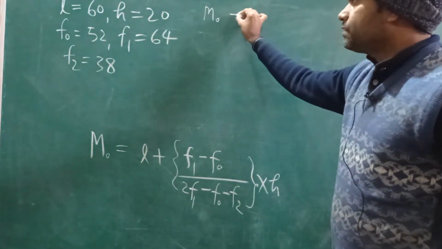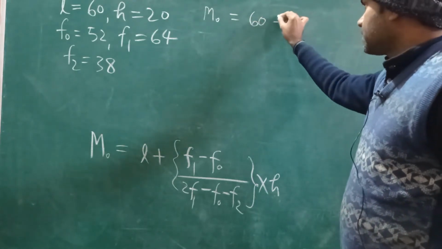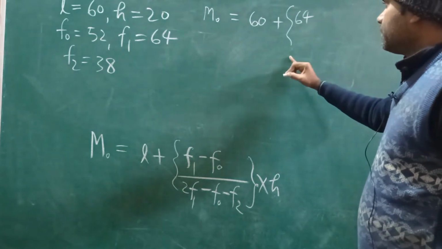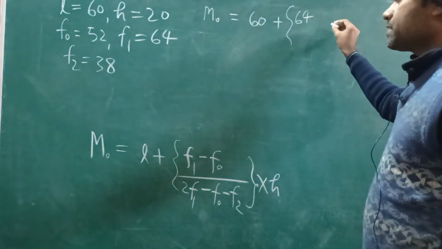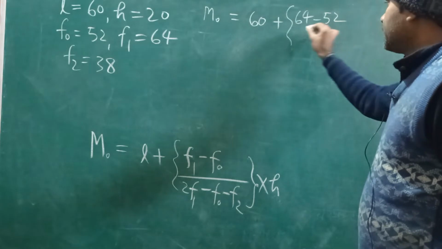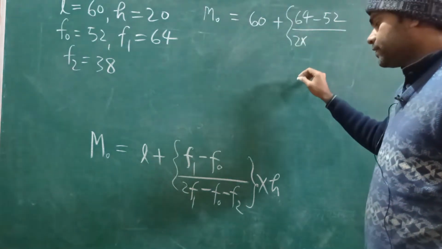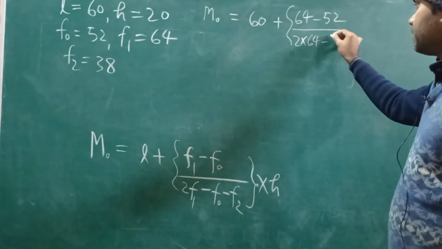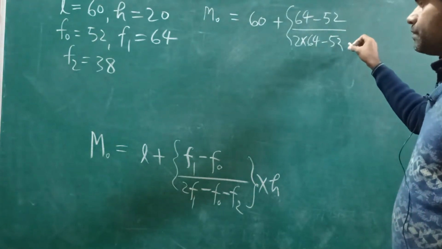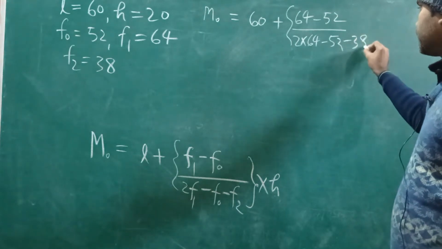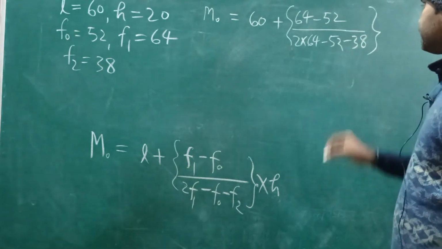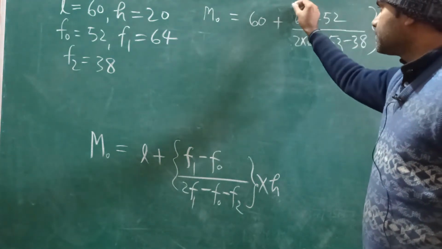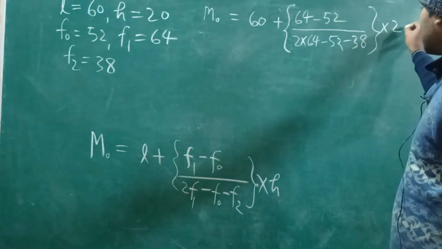Mode is equal to lower limit L, which is 60, plus F1, 64, minus F0, 52, upon 2F1, 64, minus F0, 52, minus F2, 38, into H, which is 20.